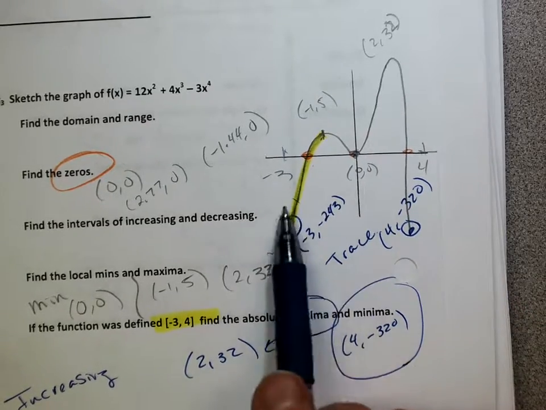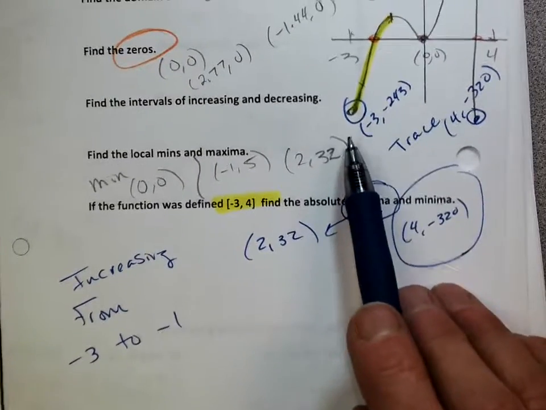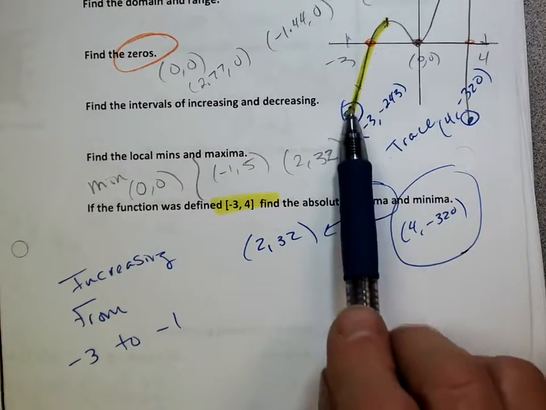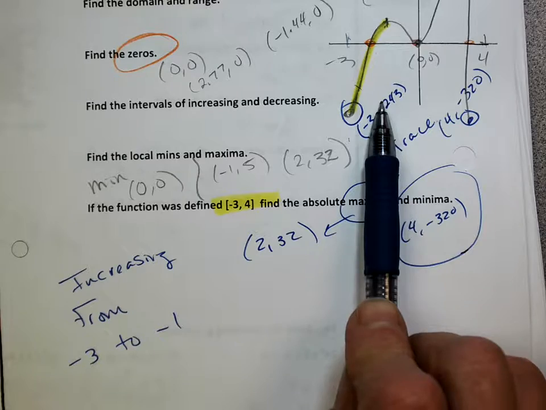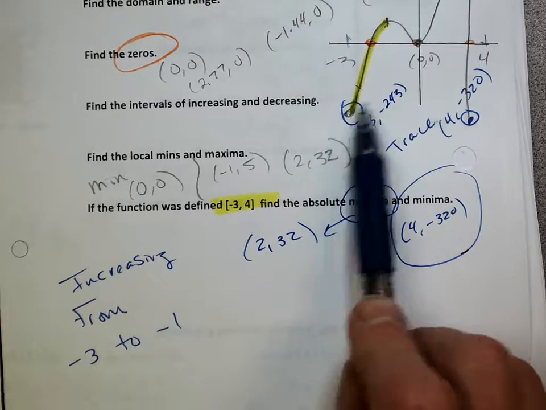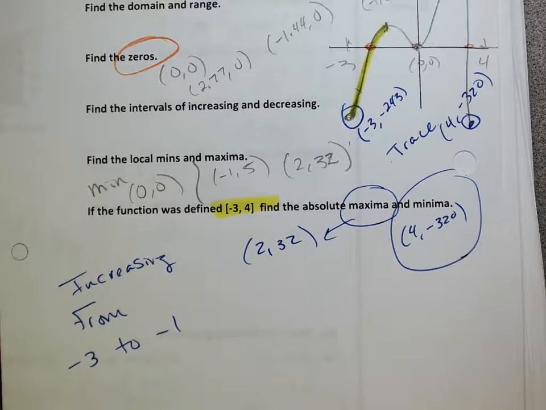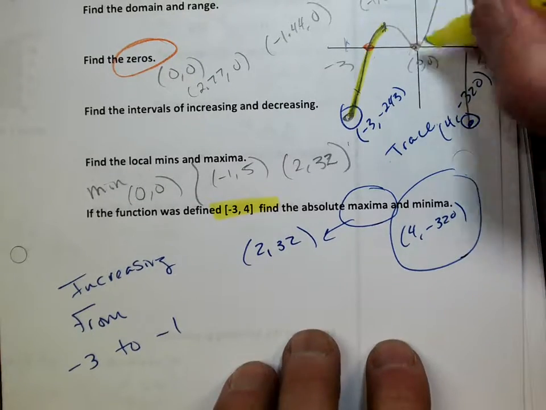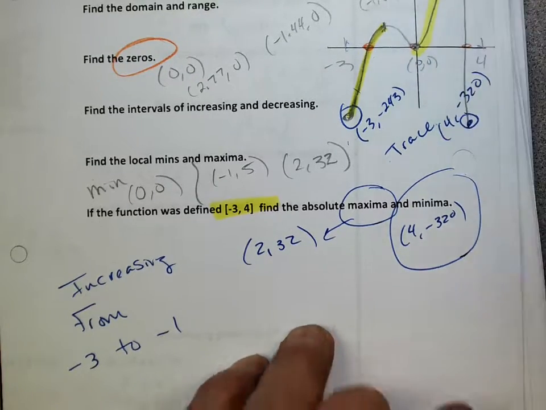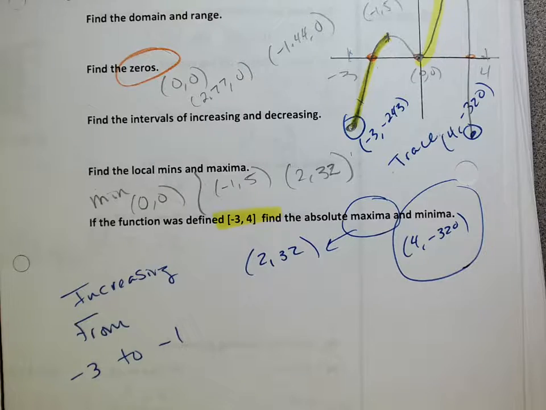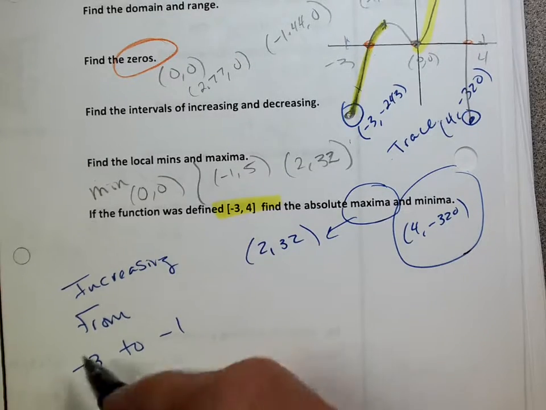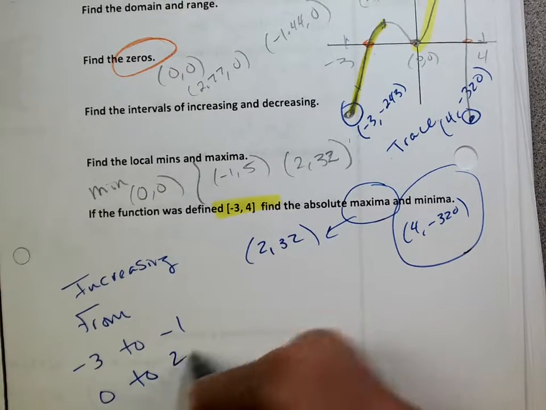From an x value of, yeah, I'm sorry you guys, yeah. So it's going uphill from -3 to -1. Does that make sense? From this x value to this, and it's also going uphill somewhere else, isn't it? Is it also going uphill from 0 to 2? And from 0 to 2, it's going uphill, right?